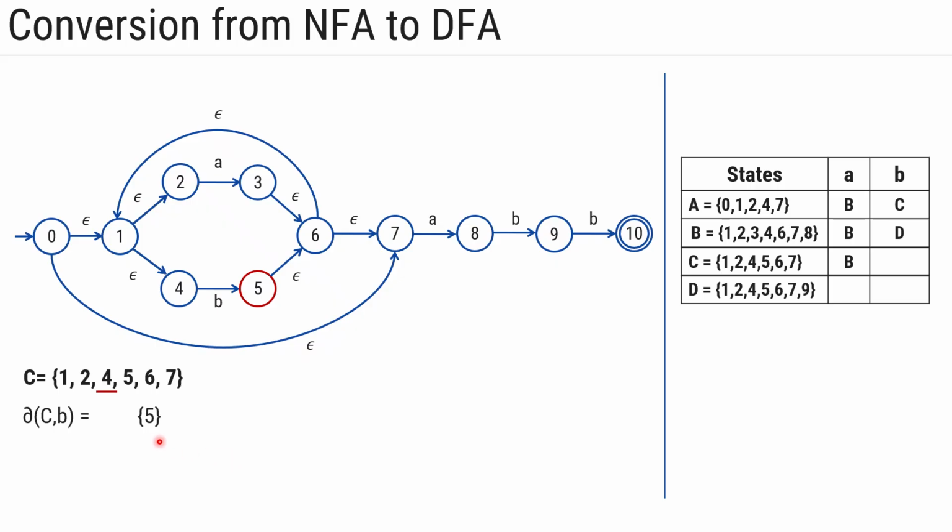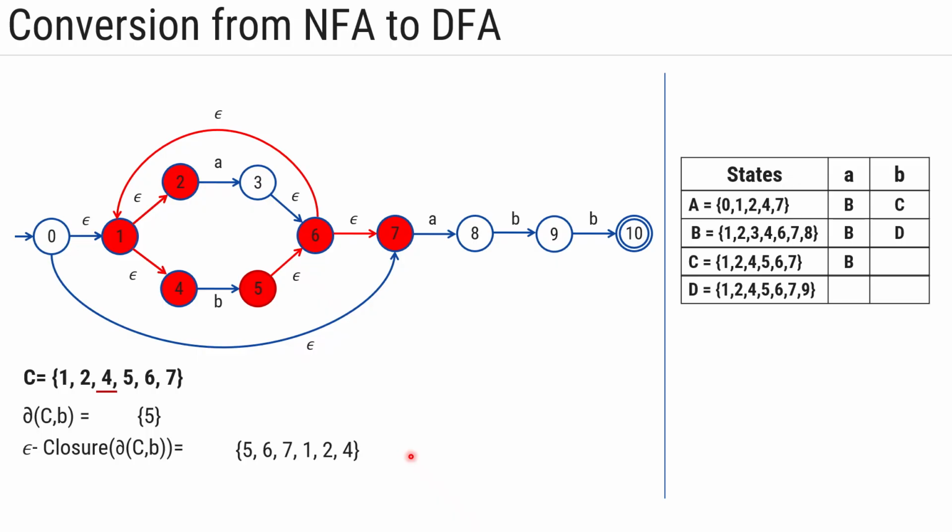Okay, we include e-closure of 5, which is 5, 6, 7 and 1, 1 to 2 and 4. Look at this. So just look at the color coded here: 6, 1, 7 and 1 also will go to 2 and 4.